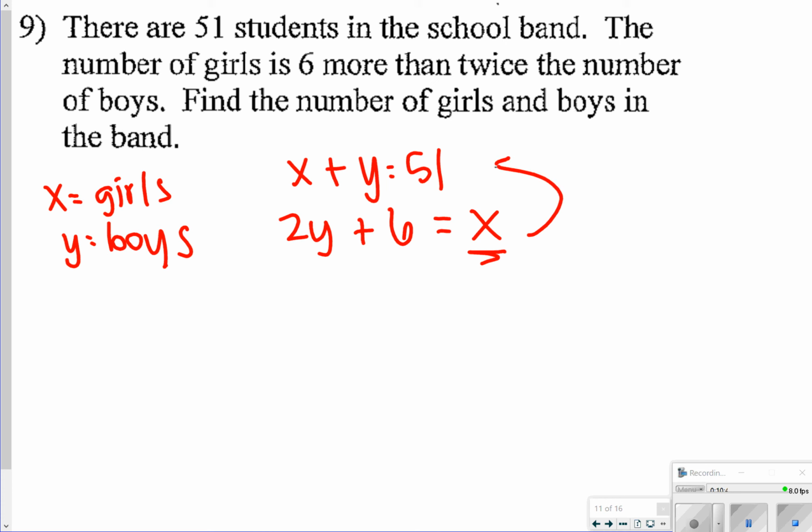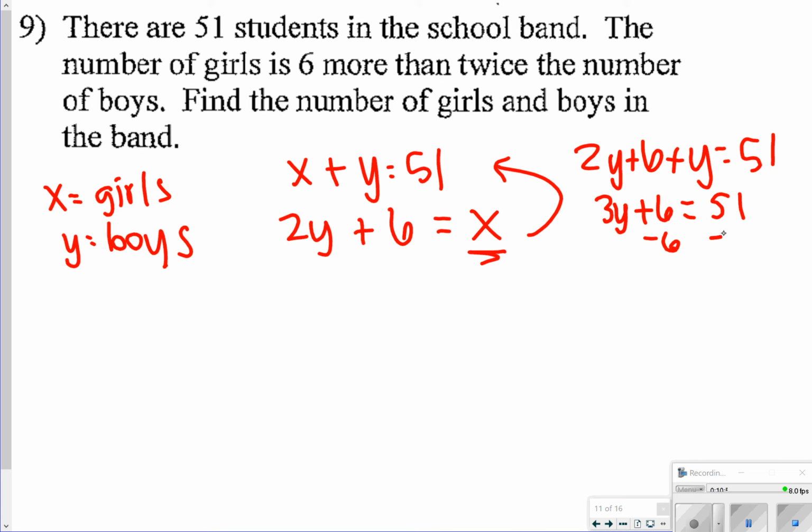So instead of X plus Y, I'm going to say 2Y plus 6, and then plus Y equals 51. That'll be 3Y plus 6 equals 51, minus 6 from both sides. 3Y is equal to 45. So Y is equal to 15.